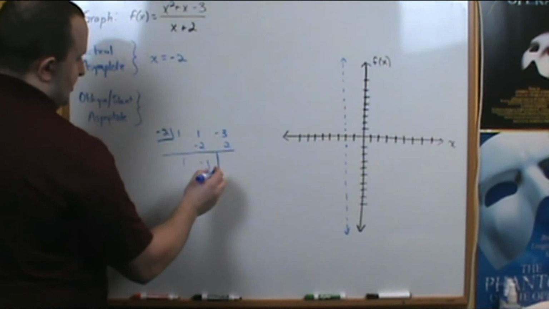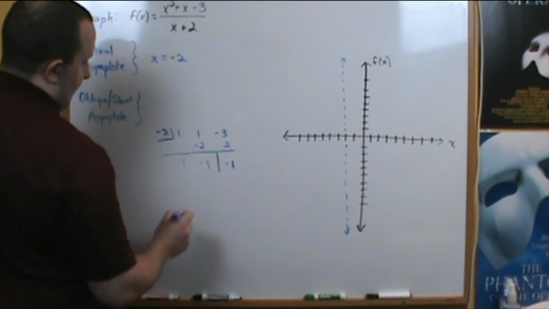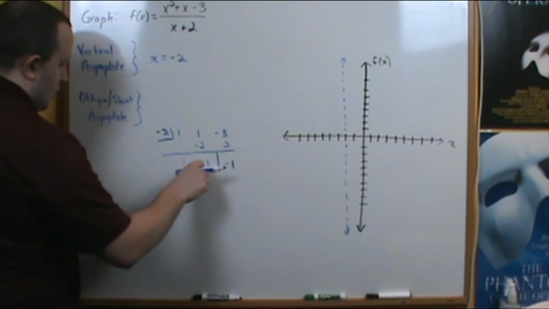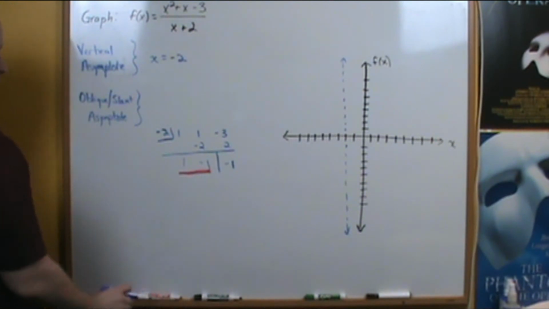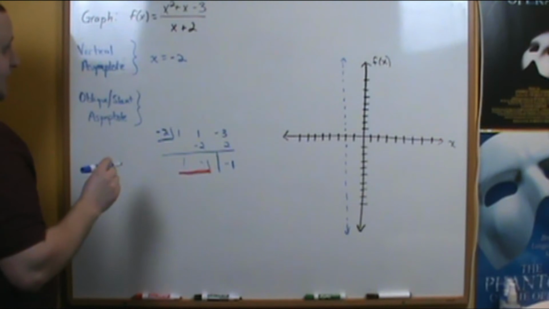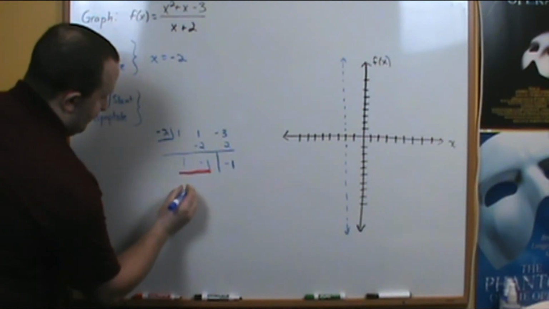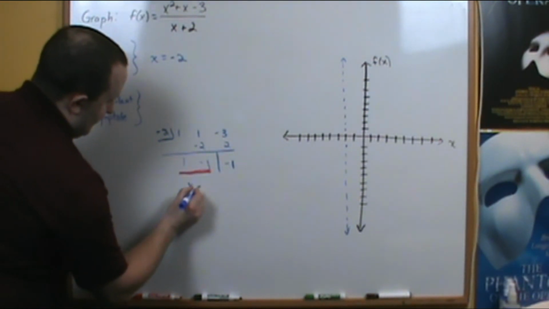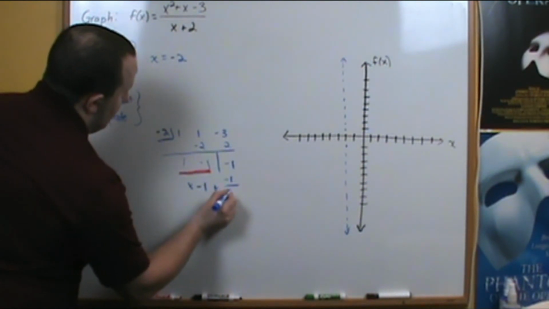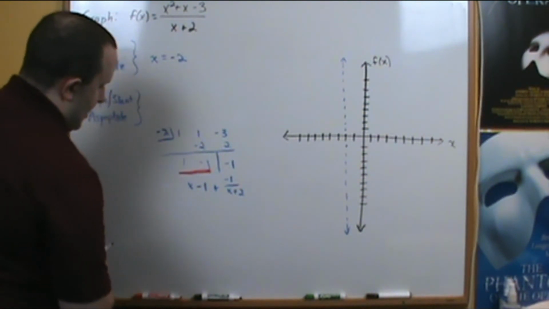Negative 3 plus 2 is negative 1. As I said, I only really care about those two values here. And that tells us when we divide x squared plus x minus 3 by x plus 2, we're going to get x minus 1 plus a remainder of negative 1 over x plus 2.